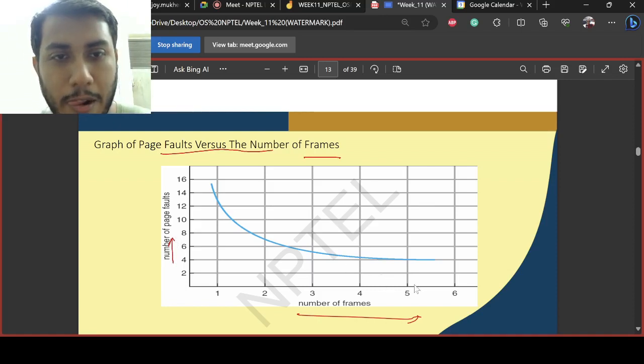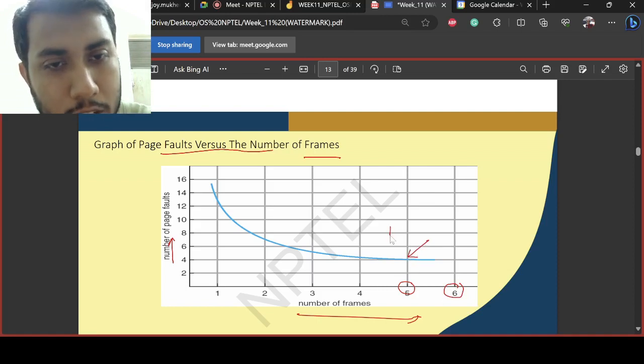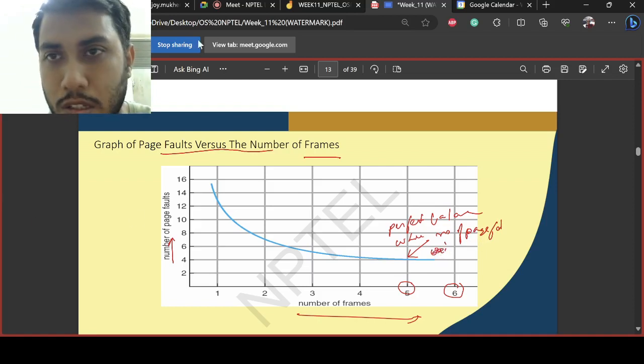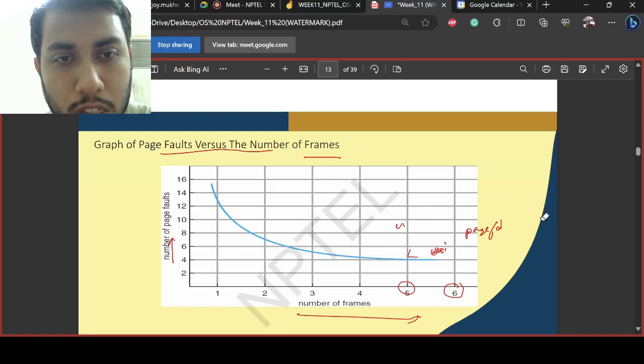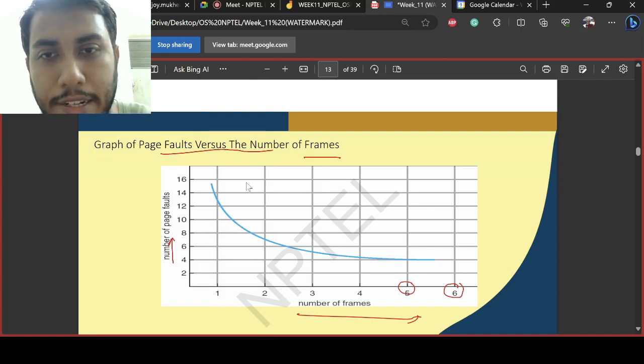As you can see, at a certain point you get that perfect balance. Let me elaborate a little bit. If you look at the graph, what does this indicate?